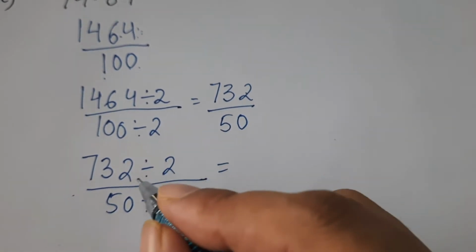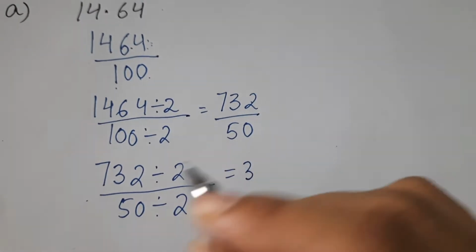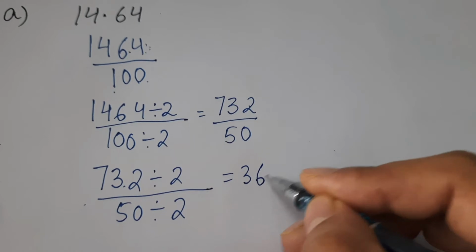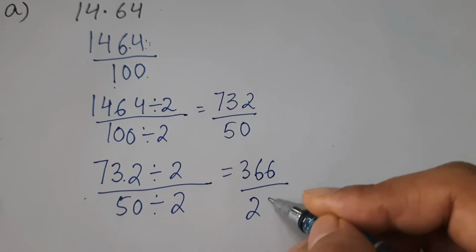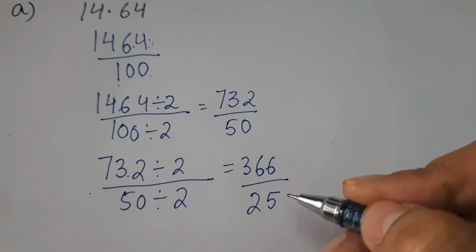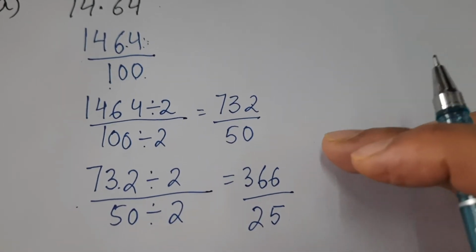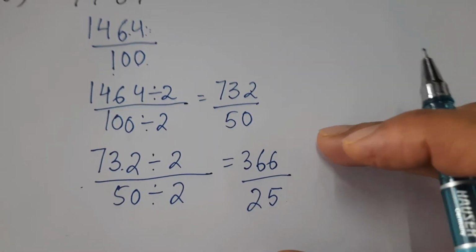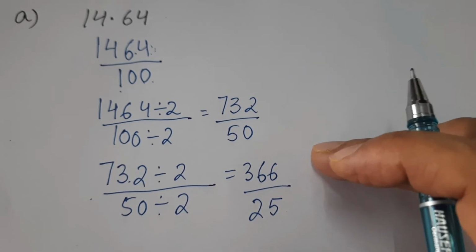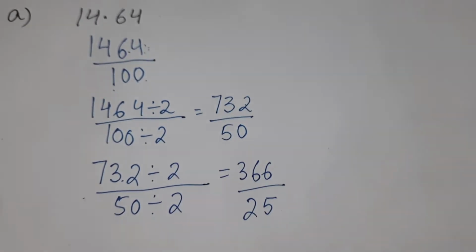So it will be 2 3s are 6, 1 3, 2 6 are 12, 2 6 are 12 and 2 25s are 50. Now we cannot reduce these two numbers further, so this is the lowest form of 14.64.